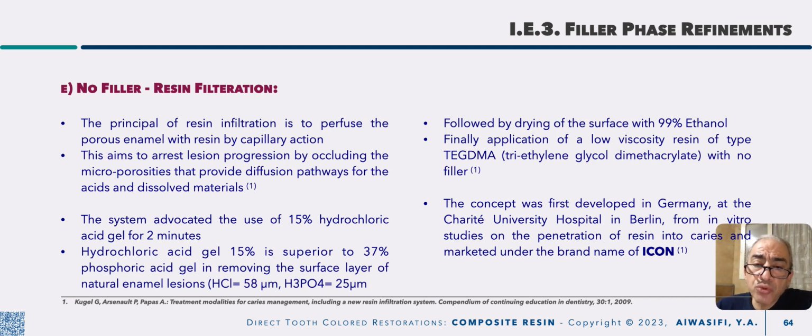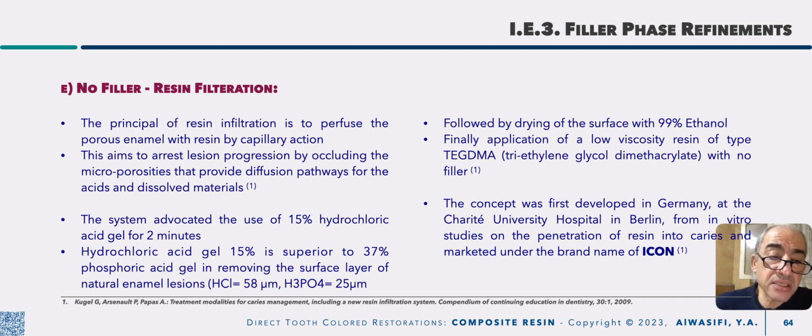and seal the pores, with a strong etchant that allows opening the pores much more to allow penetration of your resin inside them. In such a condition, they use 15% hydrochloric acid gel for 2 minutes, while we use 37% phosphoric acid gel, in the case of regular composite, as an acid etchant.